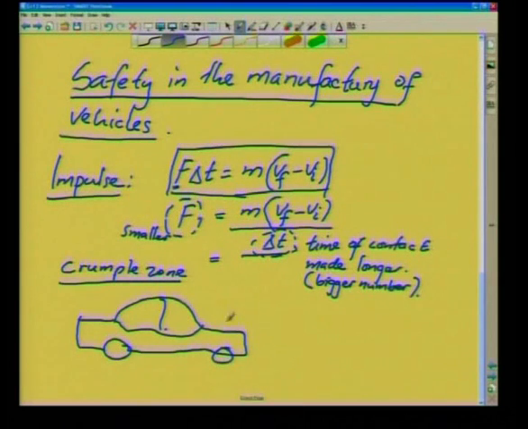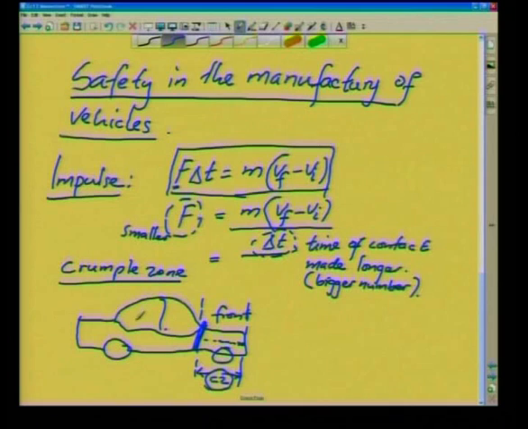This part here, if this is the front part, it is made to have a crumple zone. So maybe the crumple zone is the whole of that part here, the CZ, such that when it hits something, the crumpling should take time to move from there to that point there, so that the force which gives the impact is less.